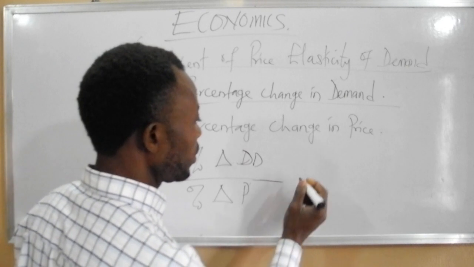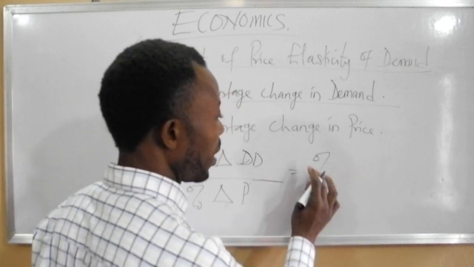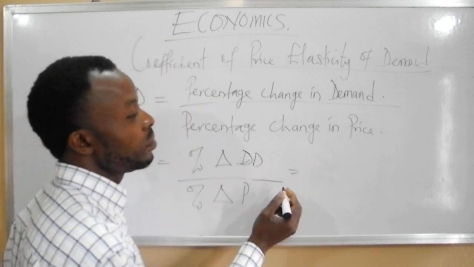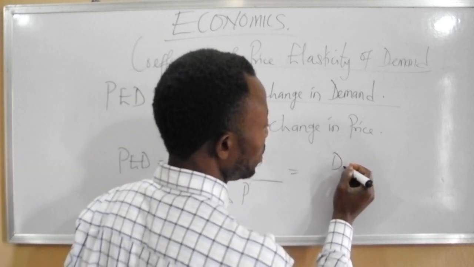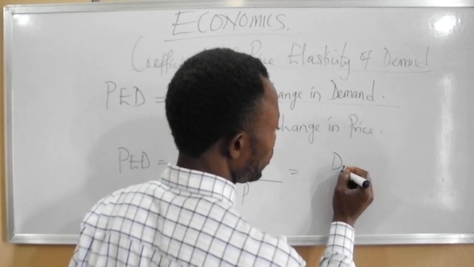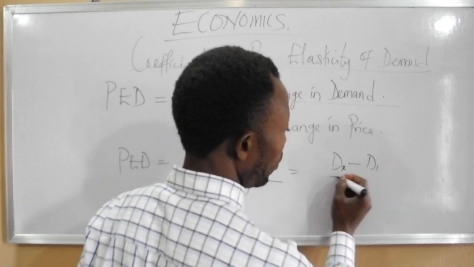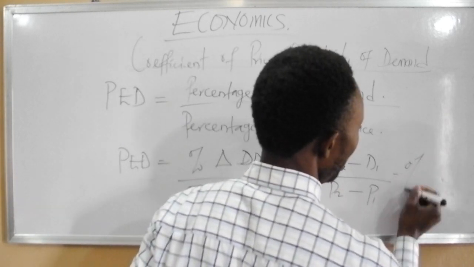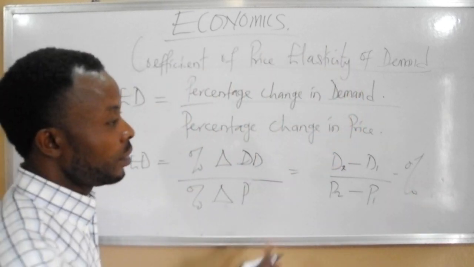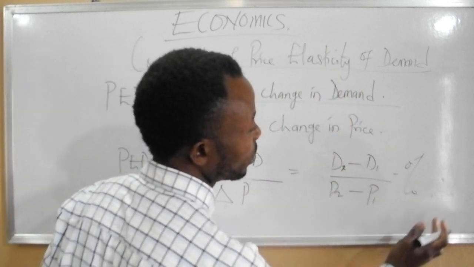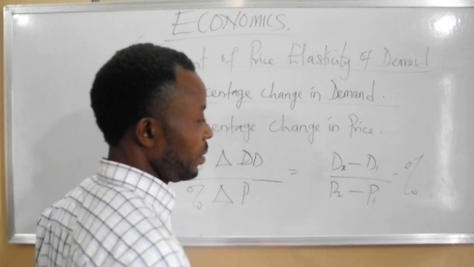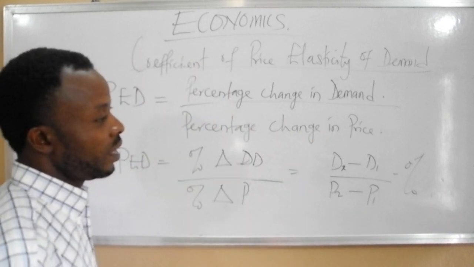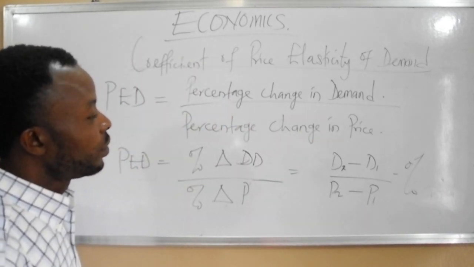So, all in percentage, the change in demand will be D2 minus D1 all over P2 minus P1, all in percentage. This is another way to express the coefficient of price elasticity of demand.